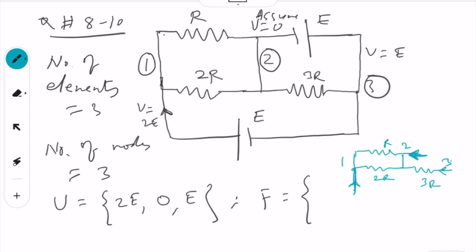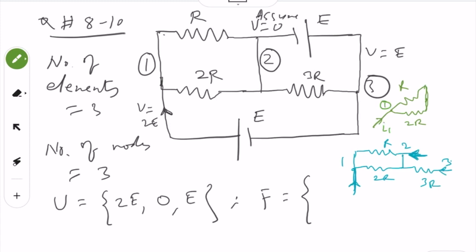So you can also draw the same thing differently. So you can have it like this. Okay, so you have R, let us say, then you have the second resistance, this R, this is 2R, and then you have current which is coming to this one, and this is number 1, so you will call it I1.